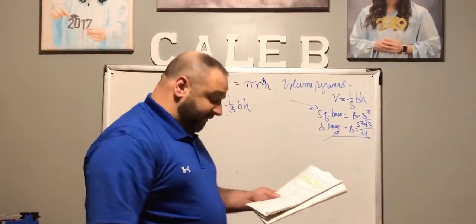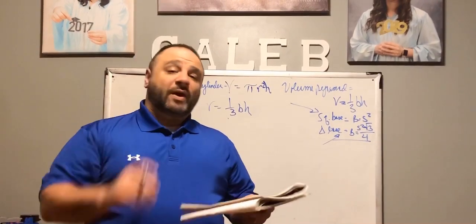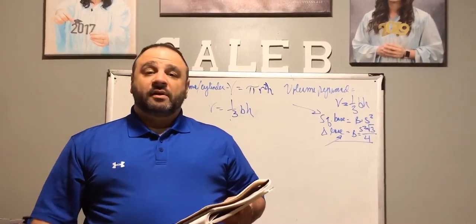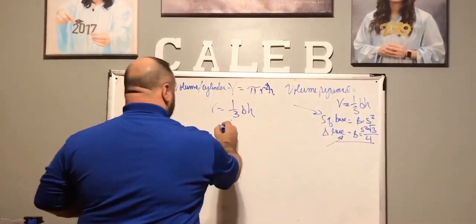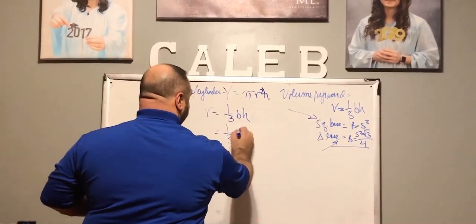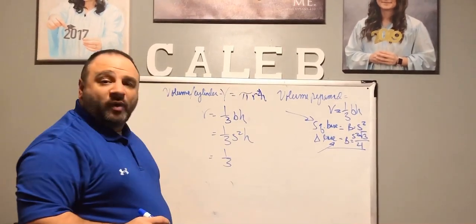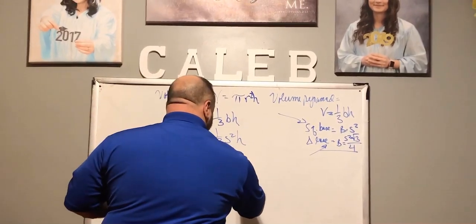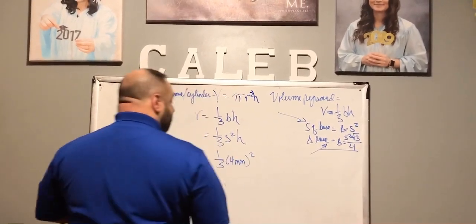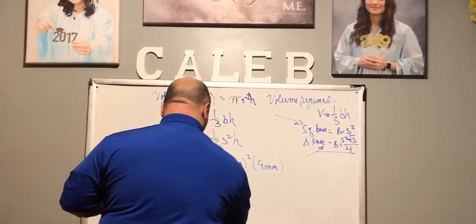For number 7, just quickly look at the base of these problems. Is it a square or a triangular base? Good, it's a square base, so I'll be using s squared. So 1/3 times 4 millimeters squared times the height, which is 9 millimeters.